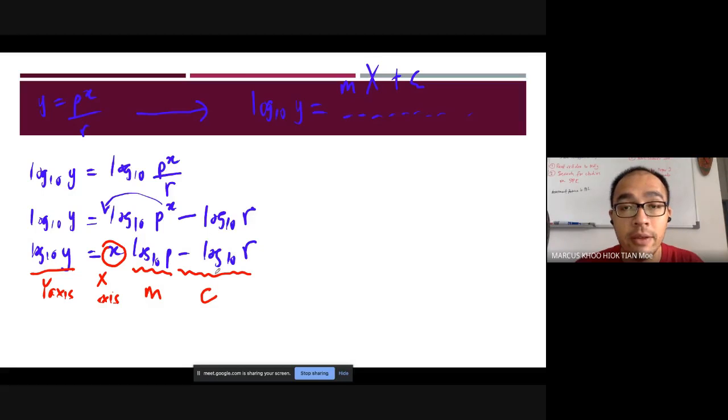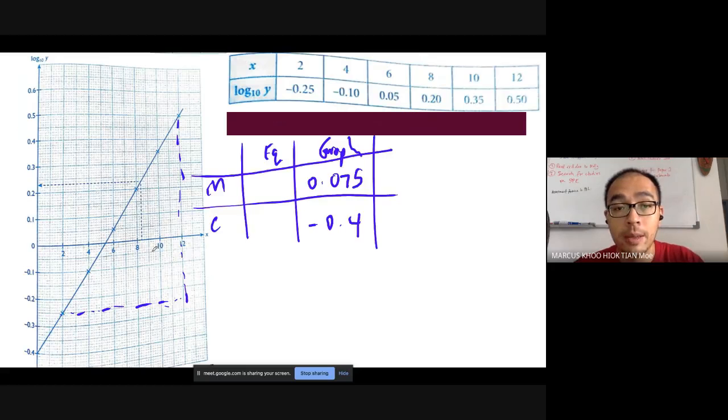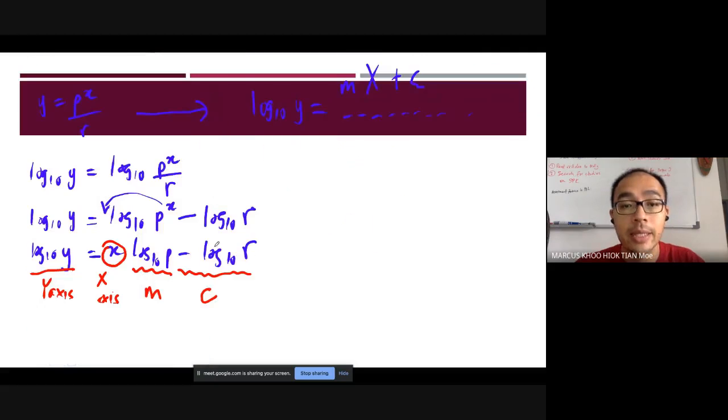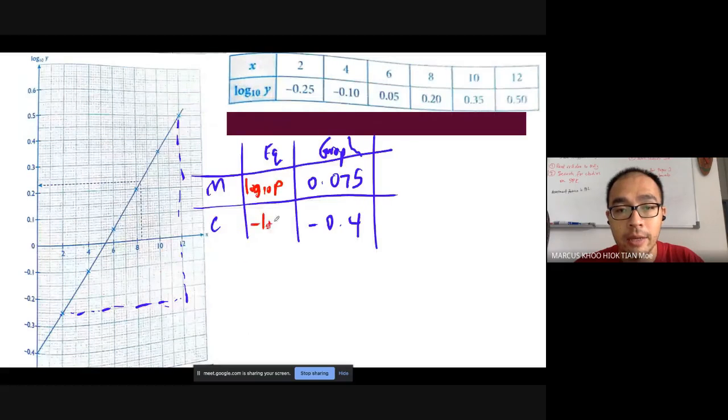This is the value from the equation which I'm going to put into the table. So m is log 10p, and c is negative log 10r. So I can equate these two: log 10p equals this, and negative log 10r equals negative 0.4.